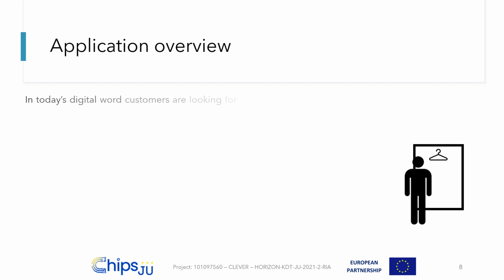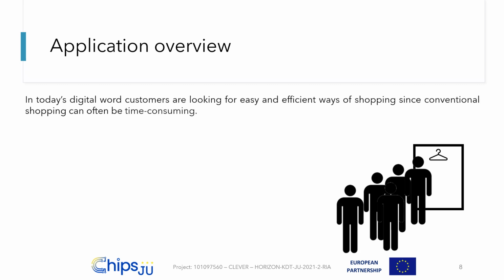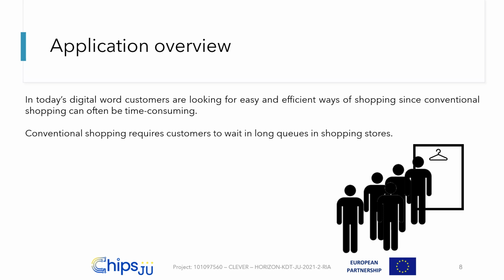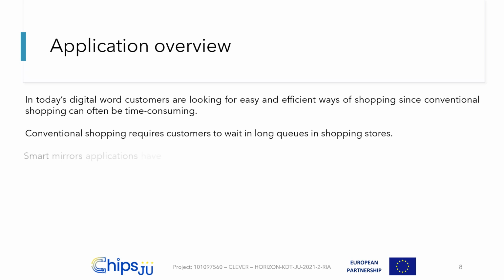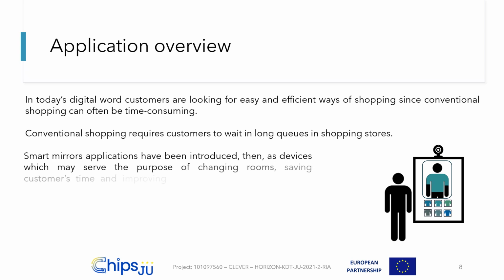Conventional in-store shopping could be quite time-consuming, especially in very populated areas, for example malls, due to crowded stores and in particular the often long queues at the changing rooms. Customers and retailers are then searching for innovative solutions to improve their experience, and smart mirrors may represent one of them.